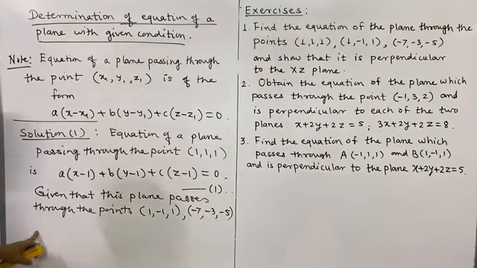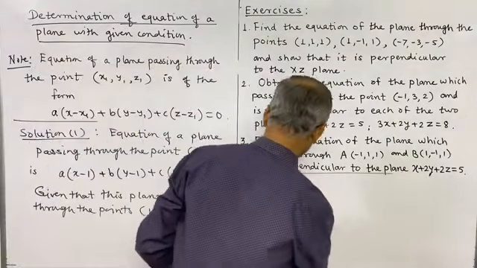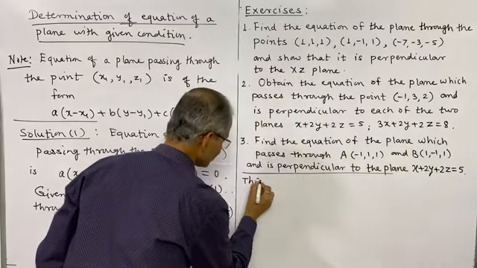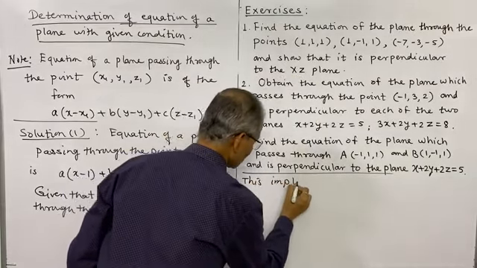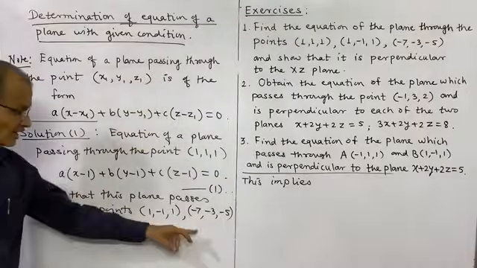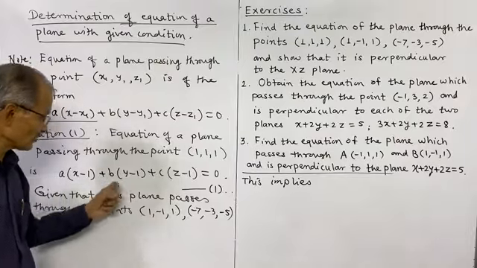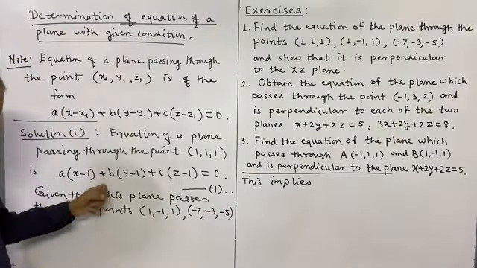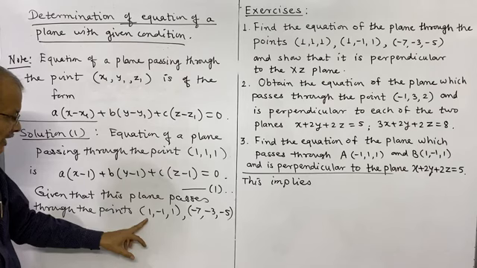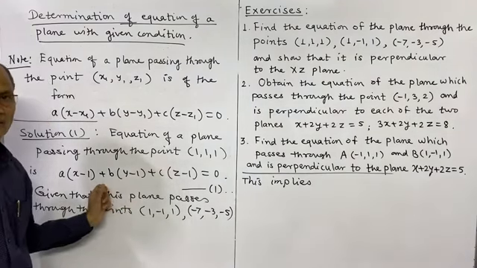So this implies, now see this plane passes through these 2 points means these coordinates of these 2 points must satisfy equation 1. Therefore if you put x is equal to 1, y is equal to minus 1 and z is equal to 1, the equation gets satisfied.